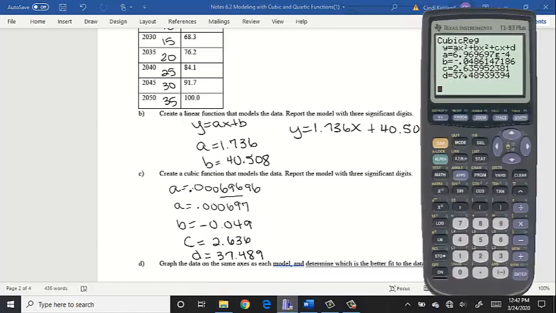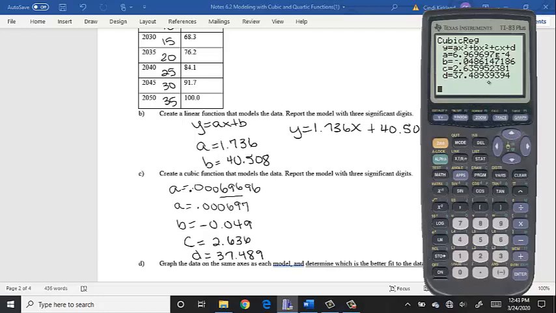Going back to the calculator, for our c, 2.635, I rounded up to a 6 because that was a 9. With 5 or higher, we round up. 37.489 stays a 9 because the number to the immediate right is a 3. Again, 5 or higher, I would round up.